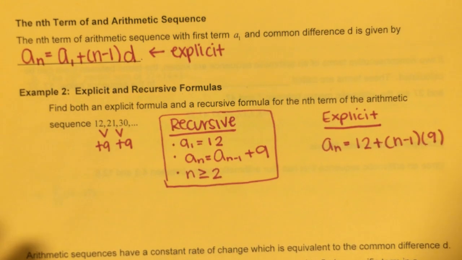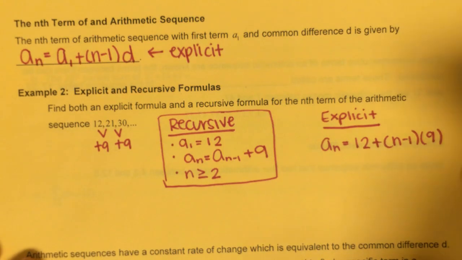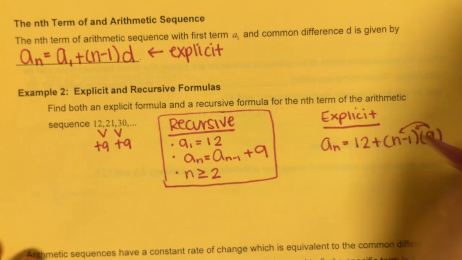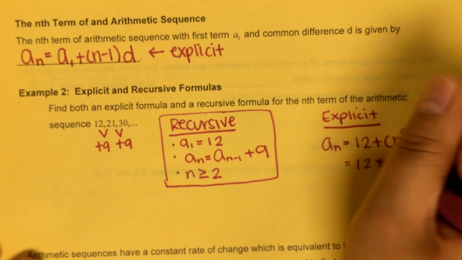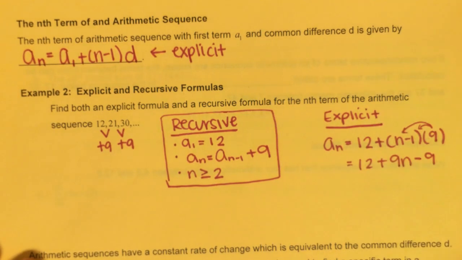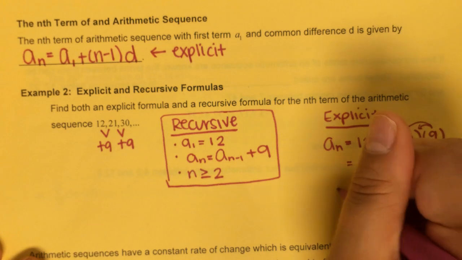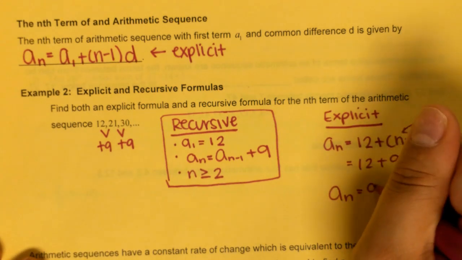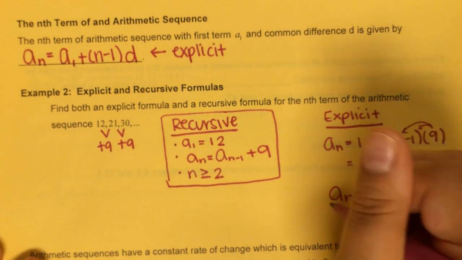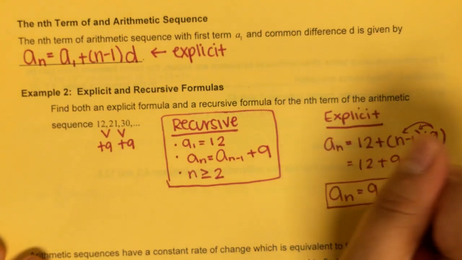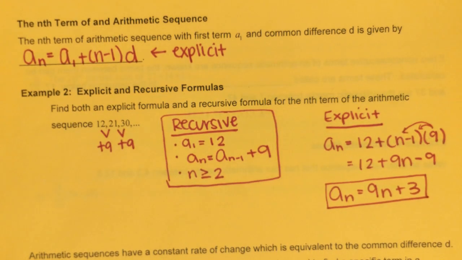So what am I going to need to do? Distribute the 9. So that gives me 12 plus 9n minus 9, which gives me that is your explicit formula. Does it matter if it's reasonable? No, you could put 3 plus 9n in. That's fine. Yep.